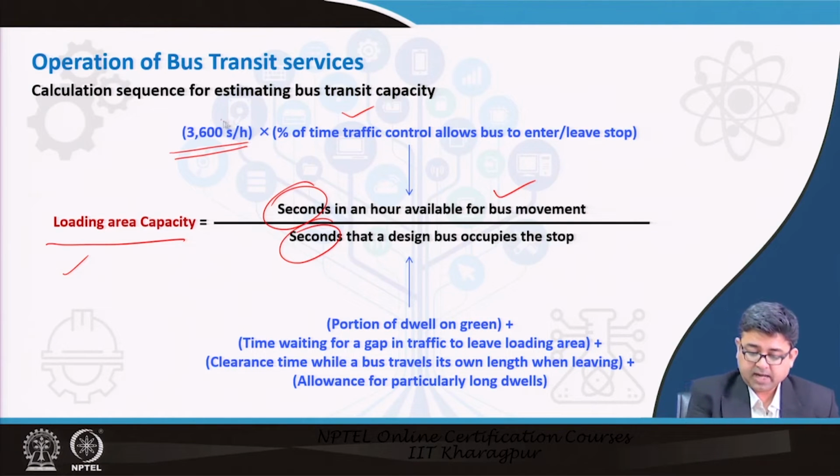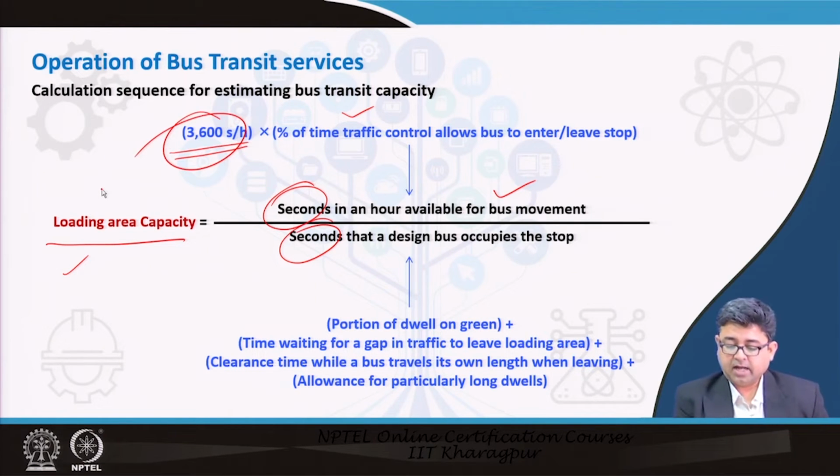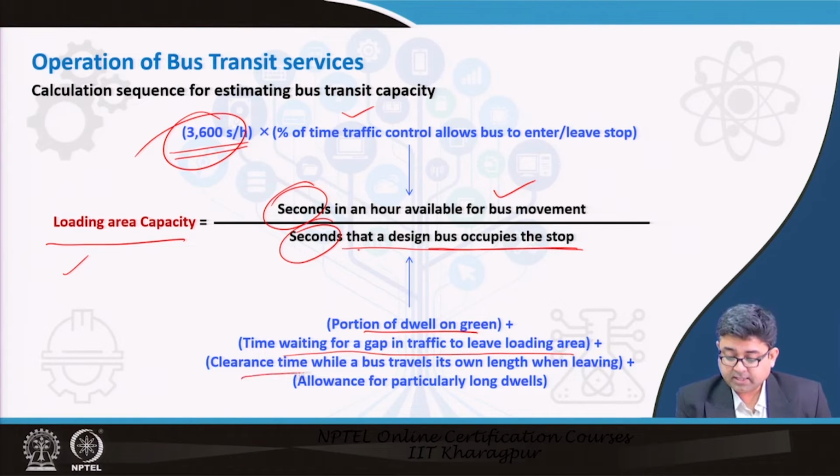So, multiply that by 3600 and divide by the seconds that a designed bus actually occupies that stop. The time that the bus occupies the stop will include a portion of the dwell time, right. The time waiting for a gap in the traffic to leave the loading area. So, the bus has to leave the loading area, so a portion of that time is also needed. Clearance time while a bus travels its own length while leaving.